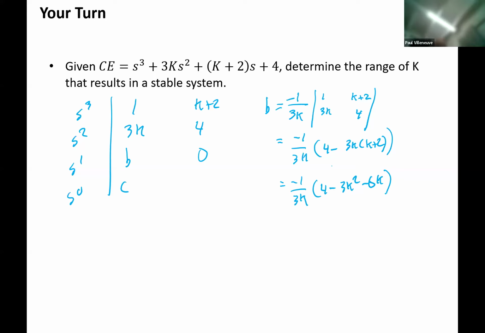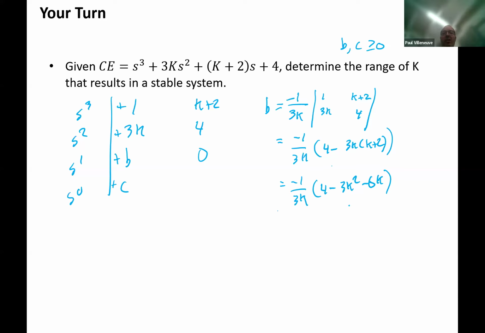All right, here's what I get for B. So just putting in the form. And then I know that C, I'm not ready to calculate it yet, but I want to make sure that I have a stable system. So I know these all have to be plus numbers. So as long as B and C are greater than or equal to 0, then I'm going to result in a stable system.